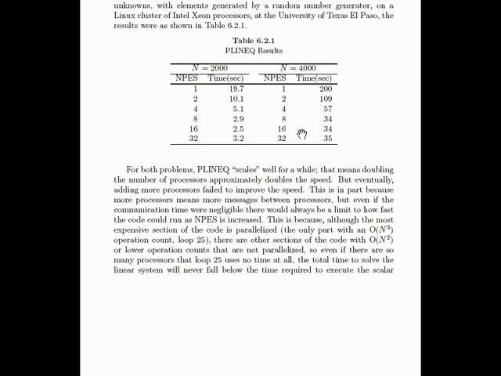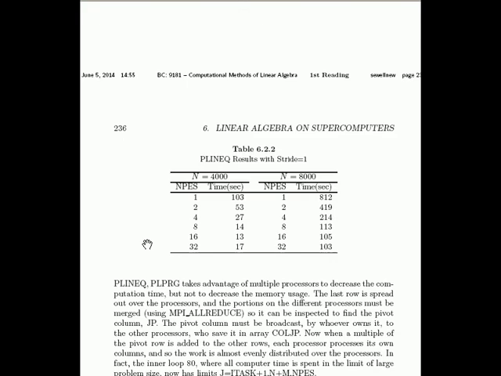Well, these results don't really prove that, do they? Here's another test where we went to even larger n, and there, you still reach a point of diminishing returns. Normally, if you make n larger and larger, you can use more processors before things start going bad on you.